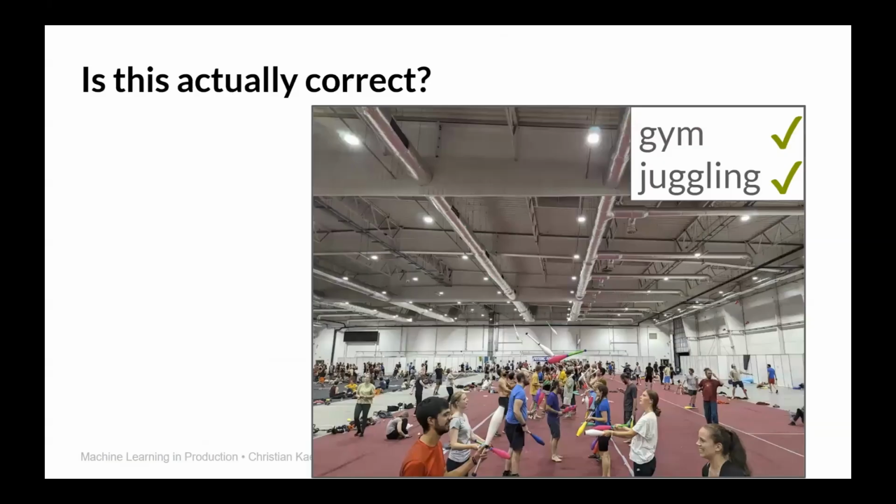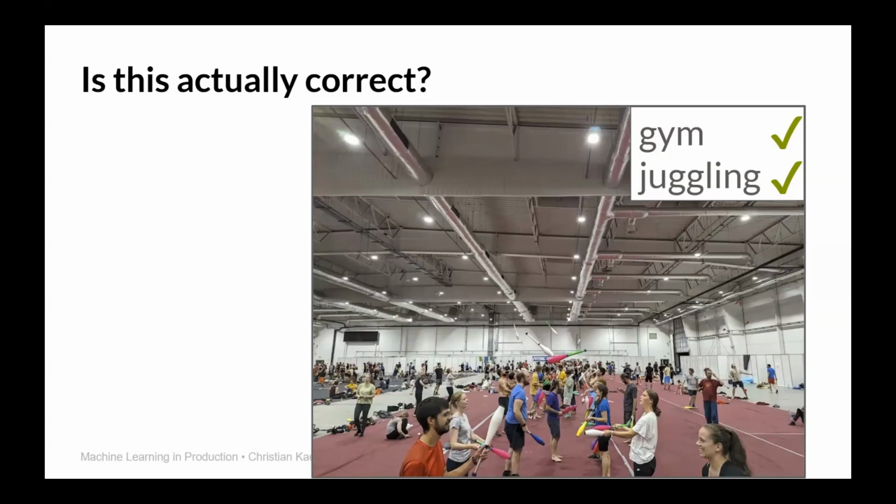There's a question here, is this even correct? Like the labels that somebody provided, are they correct in the first place? Can we even agree on what the right answer is for a number of these tasks? We usually use machine learning when we try to imitate human tasks, and we don't necessarily have a single correct answer for this.